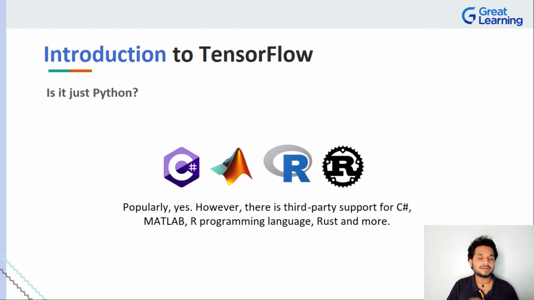There is multiple third-party support provided for programming languages such as C#, MATLAB, a super popular data analysis programming language called the R programming language, and the last one that you see on your screen right now is a programming language called Rust, right?